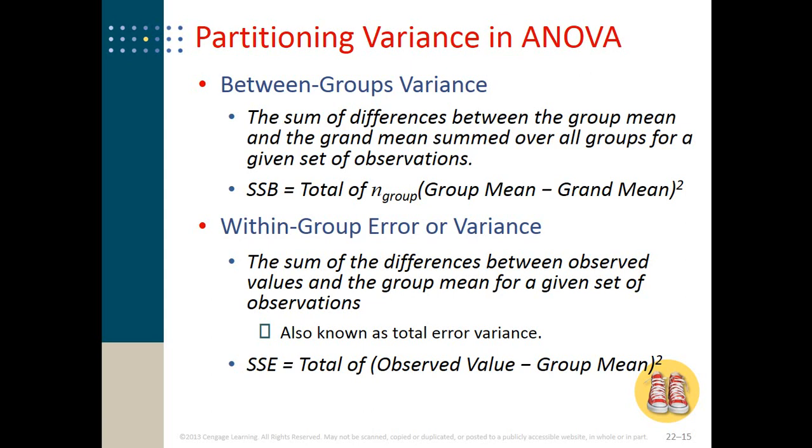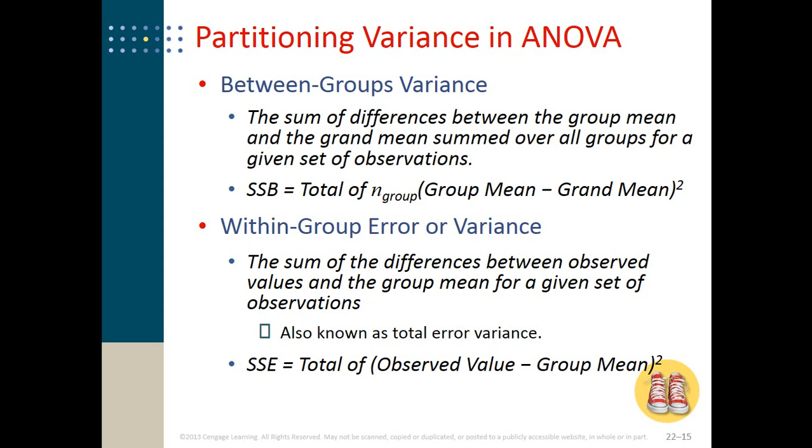If you have customer satisfaction, you have an average, that is your grand mean. And if this customer satisfaction is divided into 5 age groups, for each age group, you will have one mean. That will be the group mean.